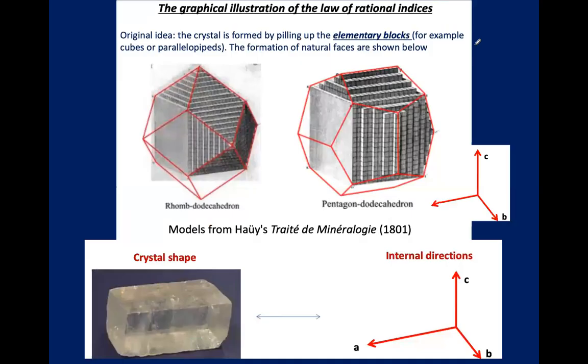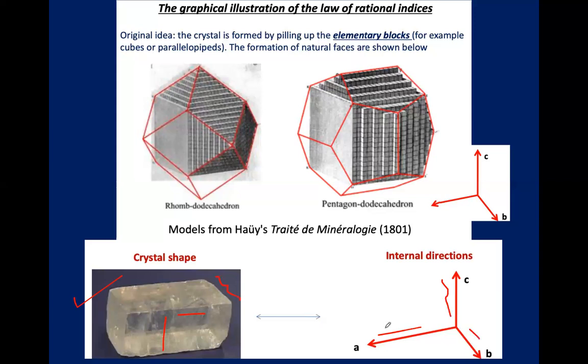So, for example, let's take this example, the bottom one first. The natural crystal is here, so you can see the faces right here and here and here. So you have three directions, which can be represented by a long axis, an intermediate axis, and a short axis.